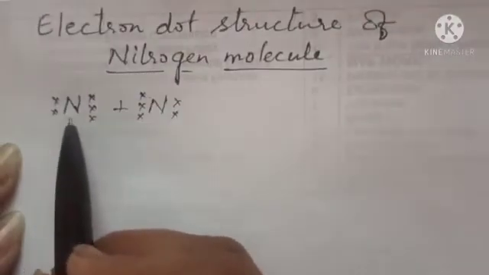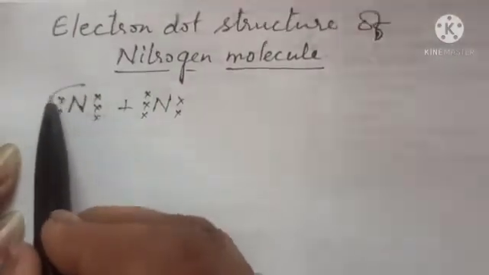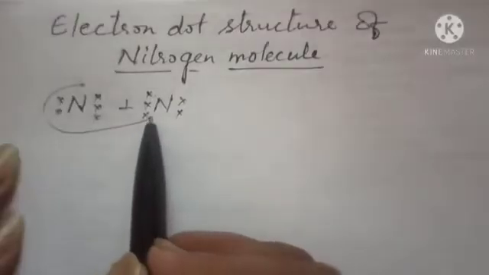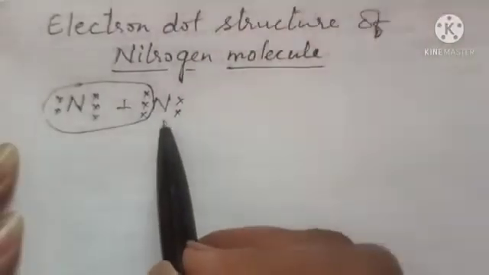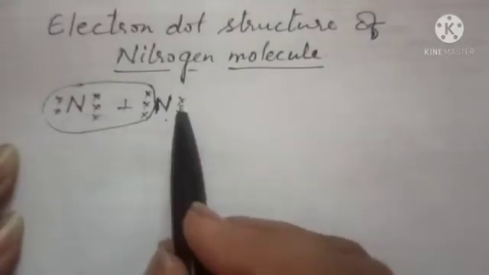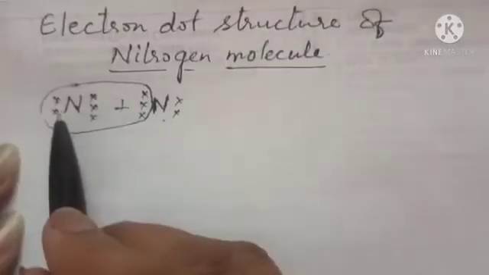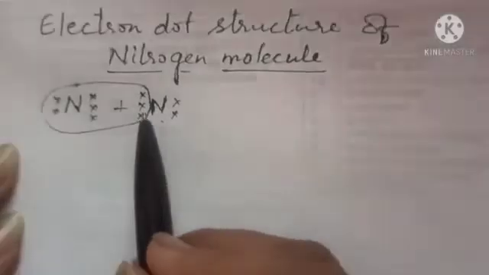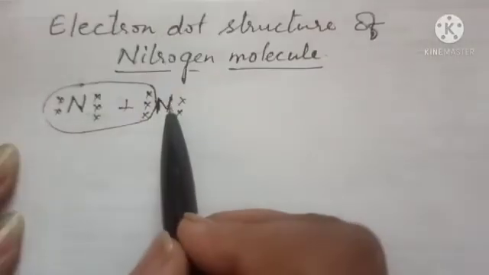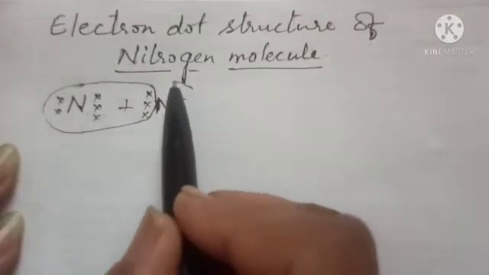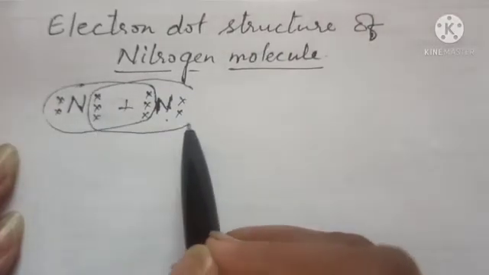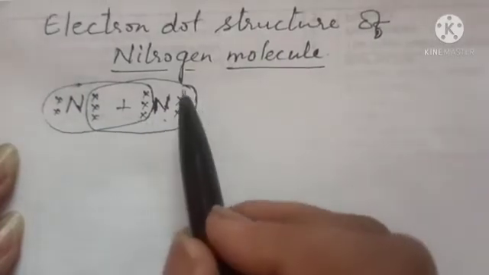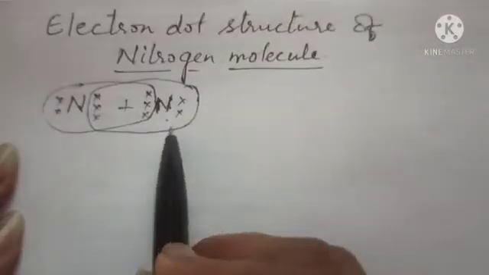Now what will this nitrogen do, it will share these 3 electrons from this nitrogen atom. Now it has 8 electrons, 1 2 3 4 5 6 7 8. Now this nitrogen atom also shares 3 electrons from another nitrogen atom, and it also has 8 electrons.